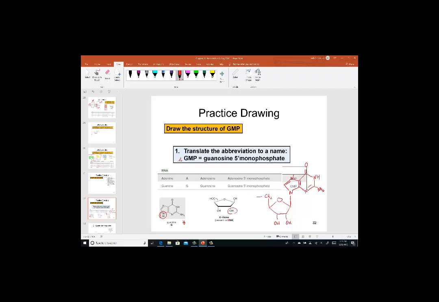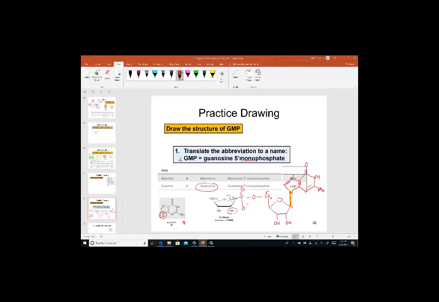So I drew in the base, attached it as a glycosidic linkage between the anomeric carbon, carbon 1, and the nitrogen that's in the base called guanine. Right? Now what? That would be guanosine. That would be a nucleoside, but I want to turn it into a nucleotide, and I want to add 1 phosphate group. And we do that right here at the carbon 5 position. So that's going to lead to an oxygen. And there's your phosphate, monophosphate.